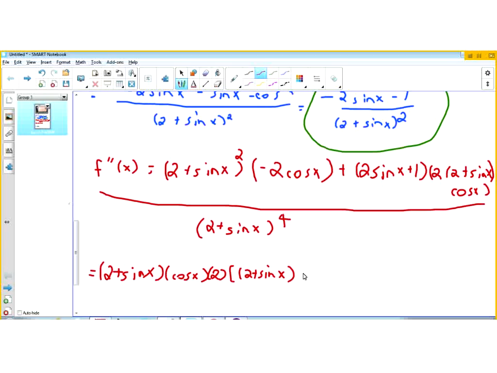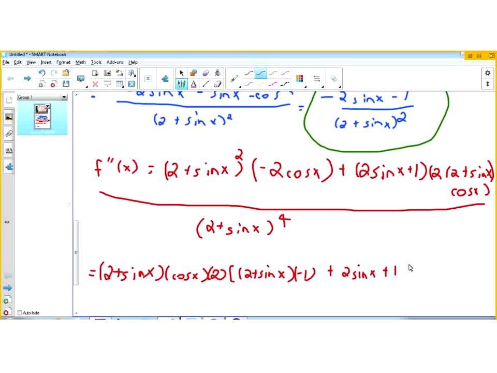So we factored out 2 plus sine x times 2 cosine x, and then we would have minus the bracket, 2 sine x plus 1, plus 2 plus sine x.